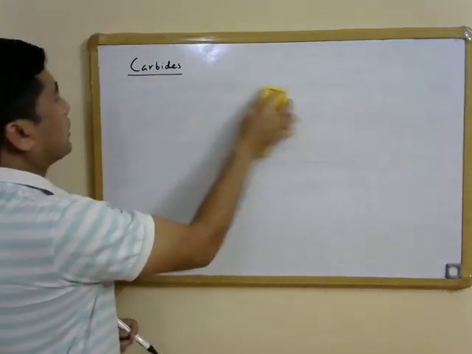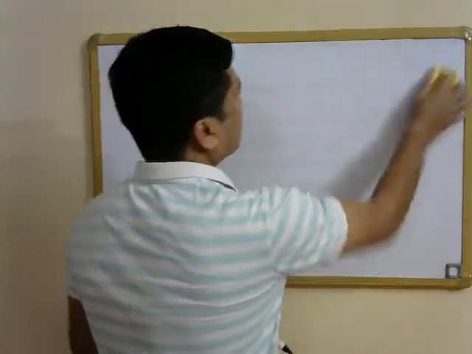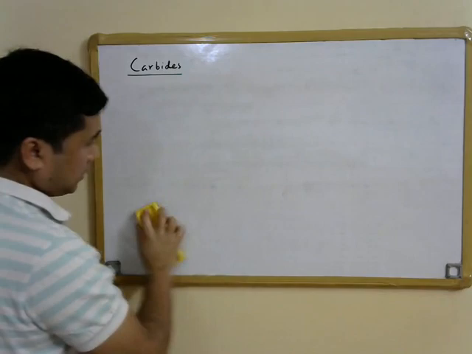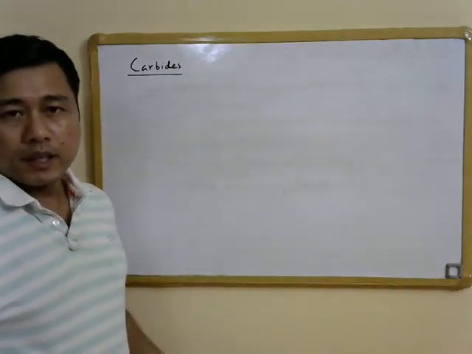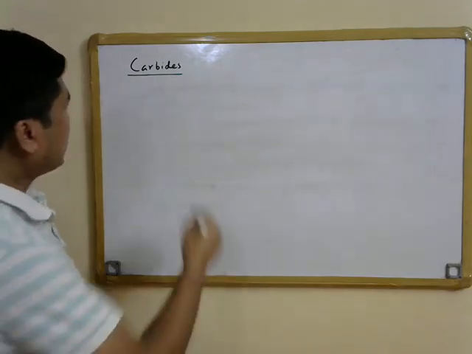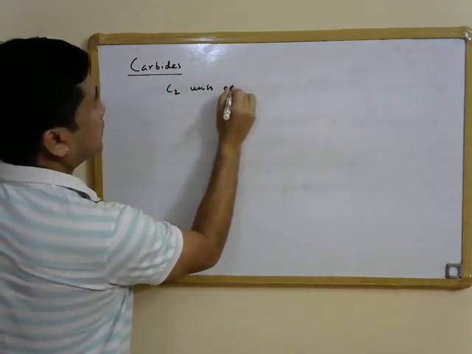Apart from these carbides which contain individual carbon anions, there are also carbides where C2 units are present.